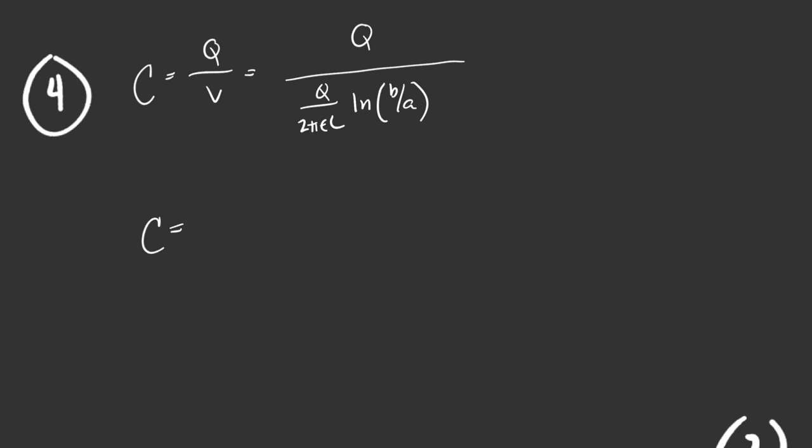Of course, the Q's cancel. That's not just by design, but is necessary. And that's going to put 2 pi epsilon L in the numerator and natural log of B over A in the denominator.